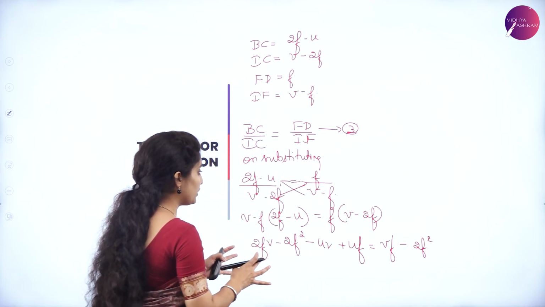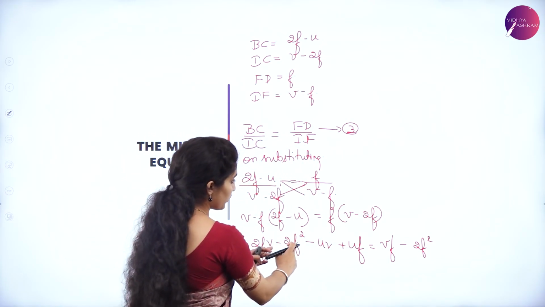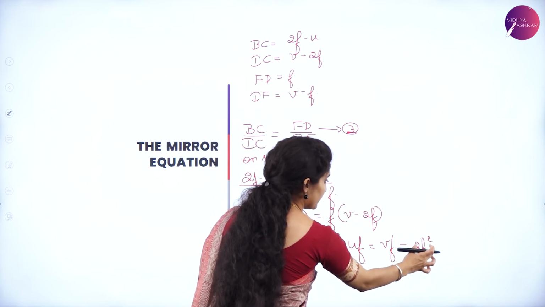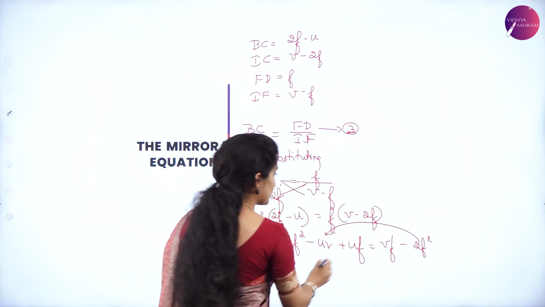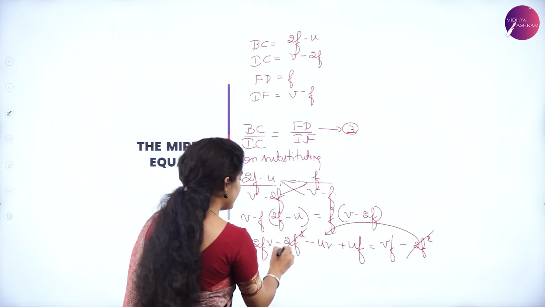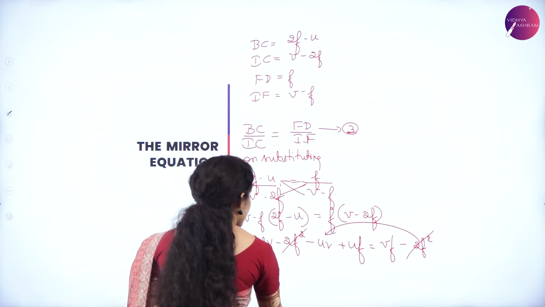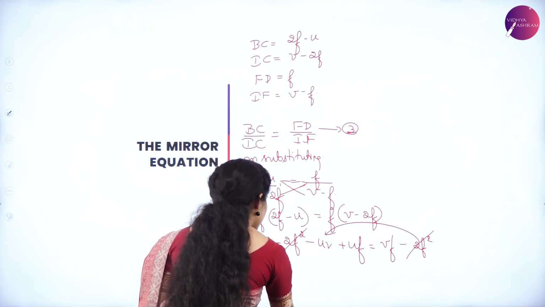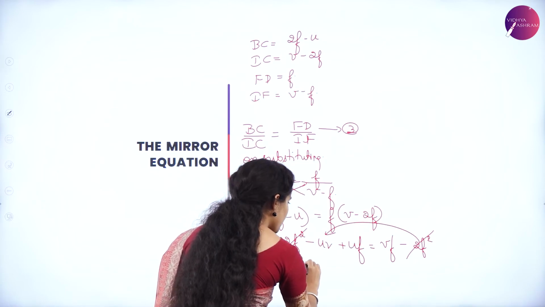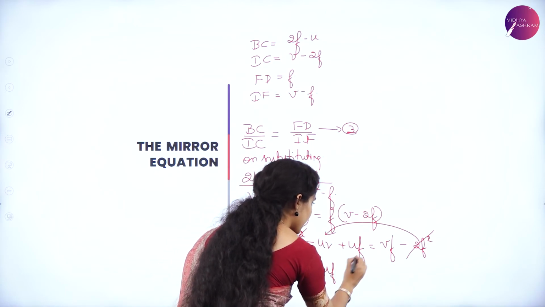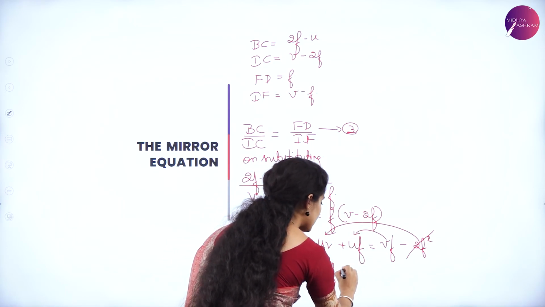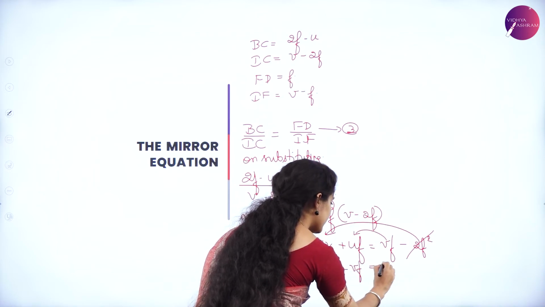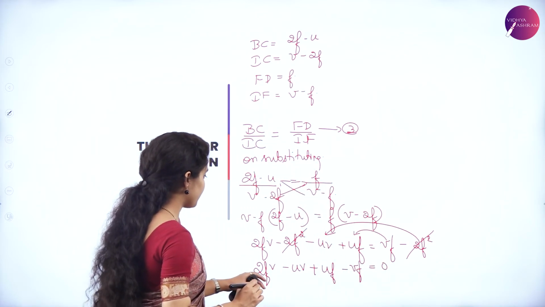So just equate all those things. Minus 2F square, when this comes towards the other side, it becomes plus, and this cancels with this. So you have 2FV minus UV plus UF. Take this also towards the other side, minus VF is equal to 0.